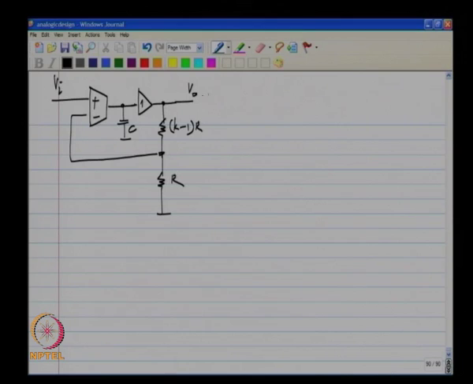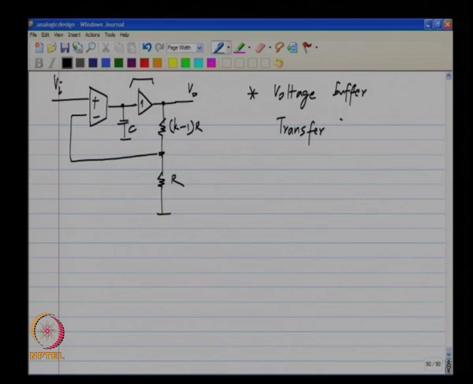So, first of all, we have the voltage buffer, and ideally the transfer function of this it is 1, and in reality it could have some poles and zeros. Okay.